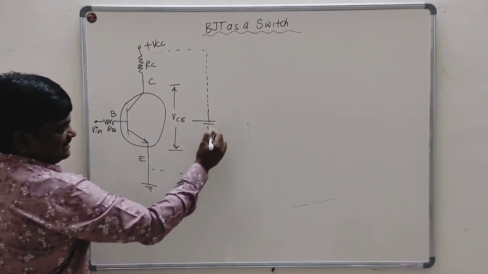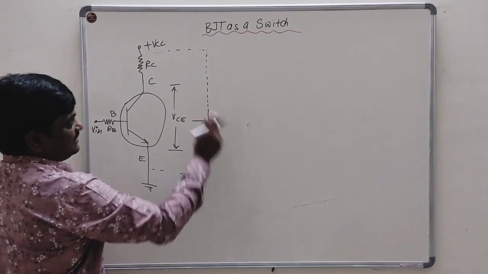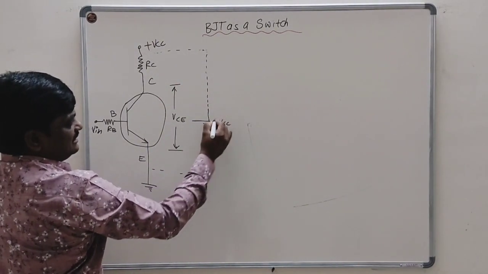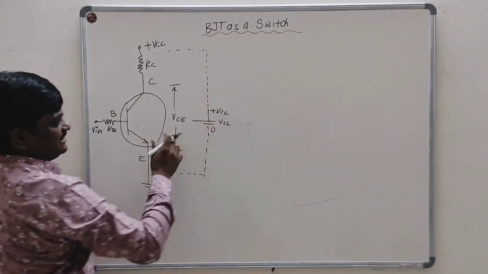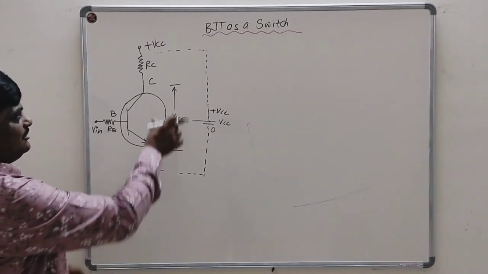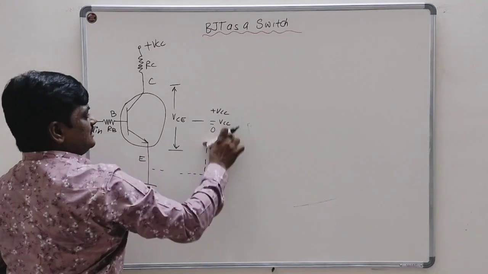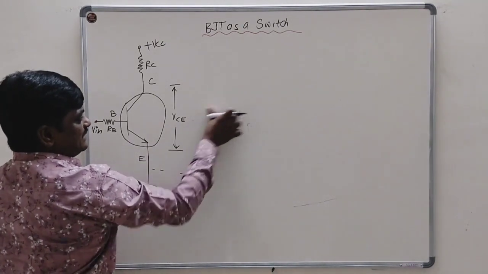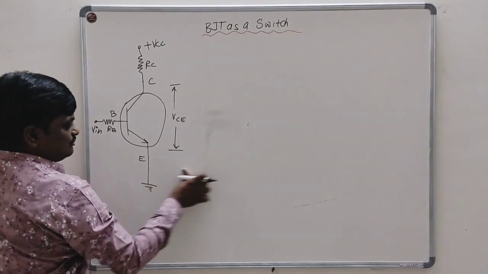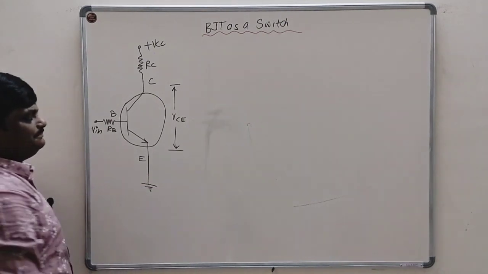So at the emitter terminal the potential is 0, and if this is the VCC supply, the positive terminal will be at plus VCC. This is a simple analogy for your understanding. Now I will remove this because you have understood. Plus VCC means it is with respect to the ground point, that is, the emitter terminal.